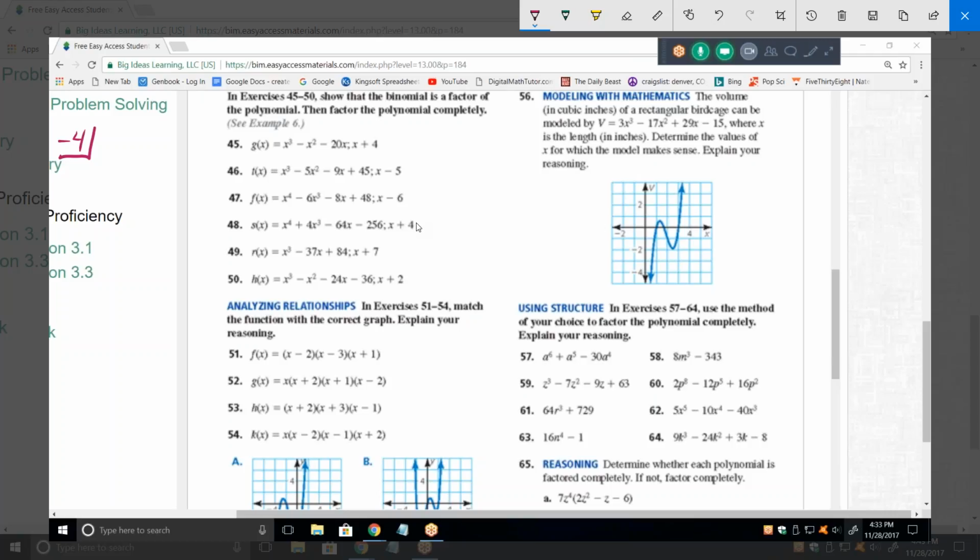Across the top: 1, 4, 0, negative 64, and then negative 256. Save time.